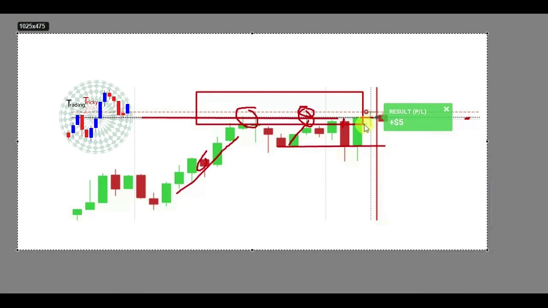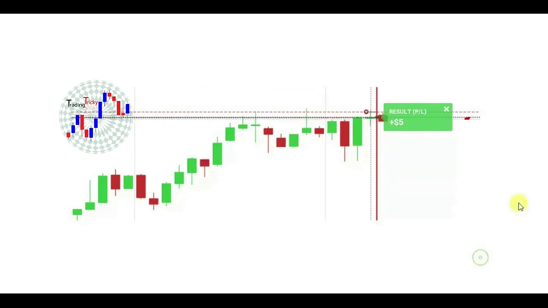I can go with buyers if I get confirmation here, and I can go with sellers if I get confirmation at least a little above, because there can be a small candle something like this. Because it's trying, there are more chances to break this level, but still it closes at the level, so there are fewer chances to break this level. When I found confirmation from sellers, then I went with sellers here.